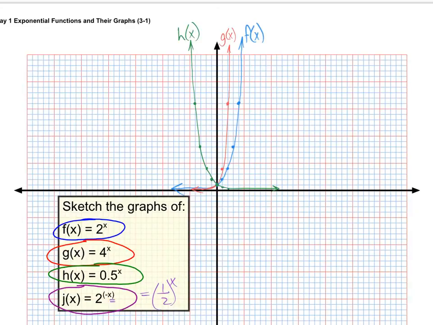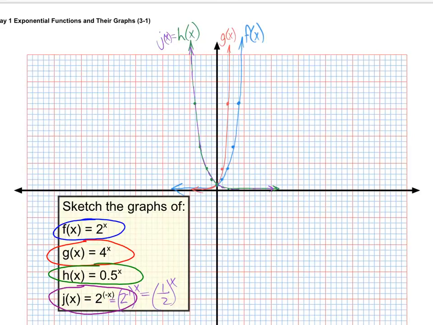It's the same as 2 to the negative 1, to the x, right? So what do we know about j of x? Same as h of x. Yeah, these graphs are actually the same.